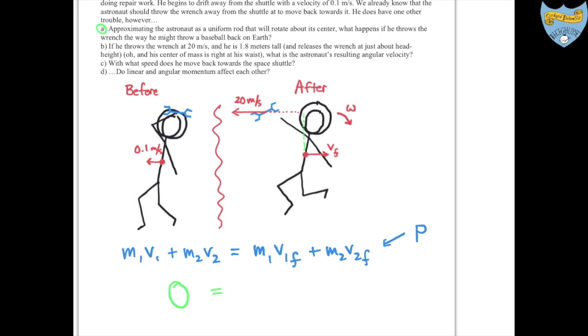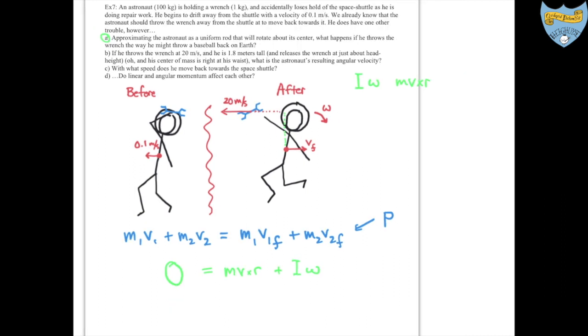So initially, there is no angular momentum, right? Neither in the I omega sense, nor in the MV cross R sense. On the right side of the equation, though, the wrench has MV cross R of momentum, and the astronaut has I omega of momentum because he will be rotating after this explosion.